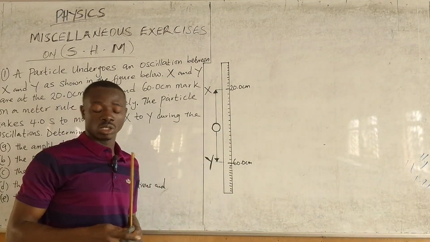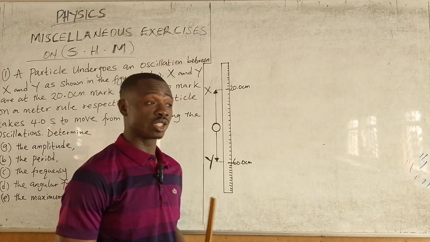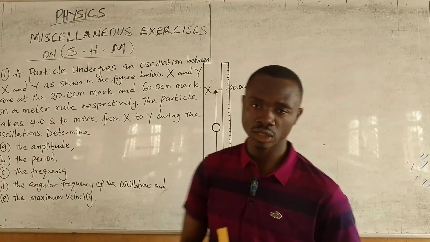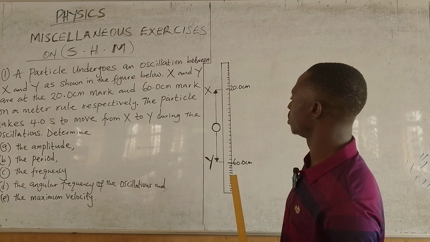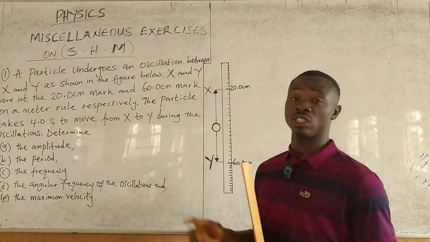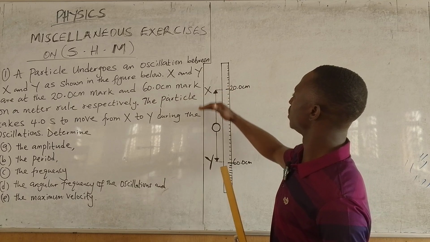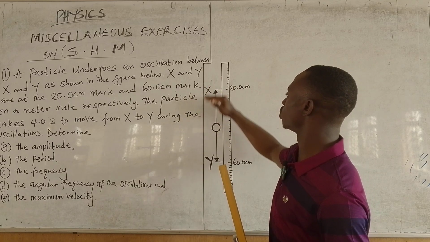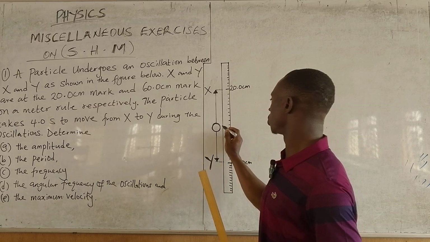Now, anytime you want to deal with a question like this, you must know where your equilibrium position is. What did I say? Your equilibrium position, which is center C. So I believe you know that the equilibrium position must be in between X and Y. The midpoint between X and Y is going to be around here.